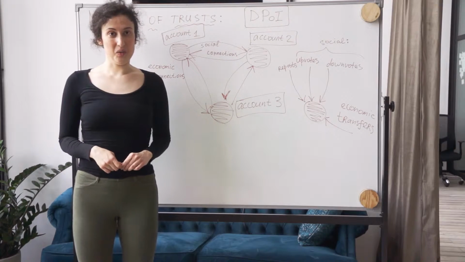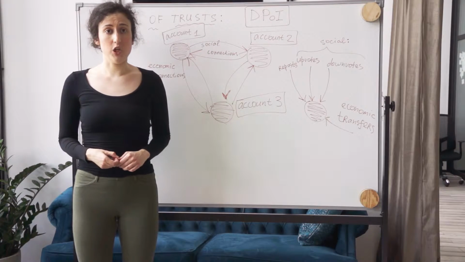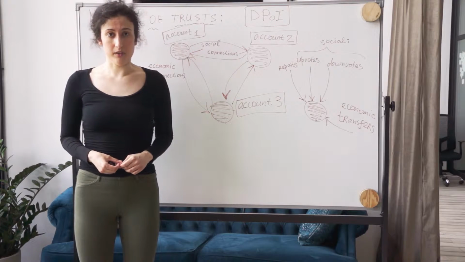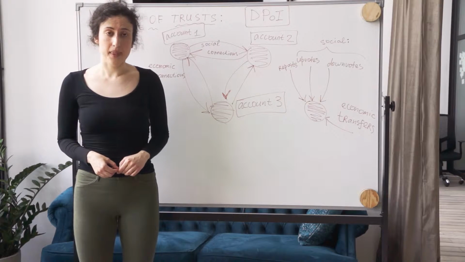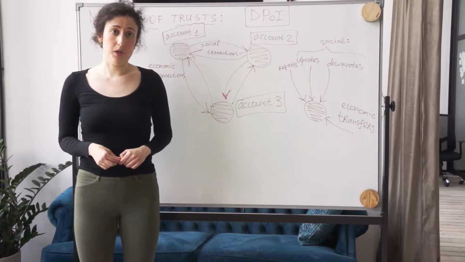We're going to continue talking about the consensus blockchain algorithm called delegated proof of importance, and in particular how your social activity rate is calculated using a special network called network of trusts.